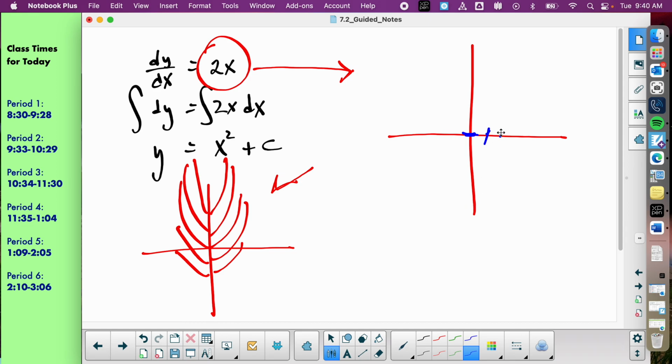The point 2, 0 would give us an answer of 4. And so if I go very meticulously and annoyingly find every single point on this graph, if I go to the point 1, 1, that would give me an answer of 2. The point 0, 1 would give me an answer of 0.